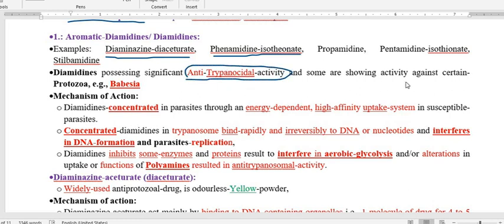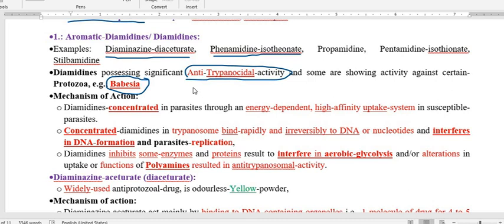The drug is used to treat trypanosoma, so we call it an anti-trypanosomal drug, and it also acts against Babesia. So it is an anti-Babesial drug.